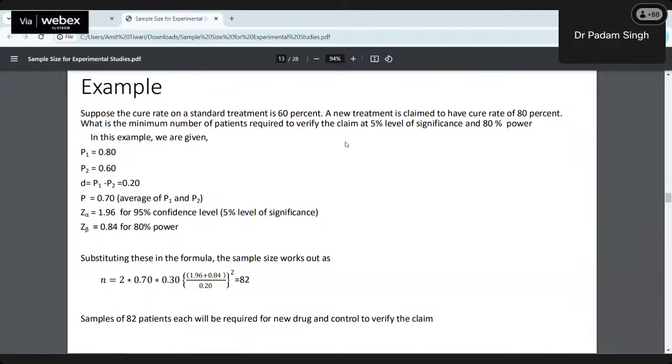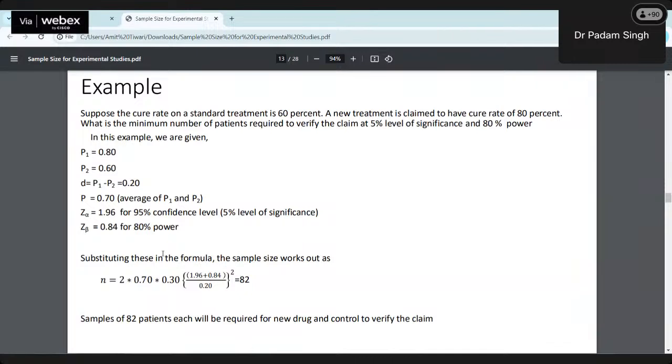Please see what is given to us. P1 is equal to 0.80 and P2 is equal to 0.60. The difference of these two is 0.20. Now the average of P1 and P2, 80% और 60% का average होता 70%. Now this is P and Q will be 0.30. Now value of Z alpha, I told you 1.96 and Z beta is 0.84.